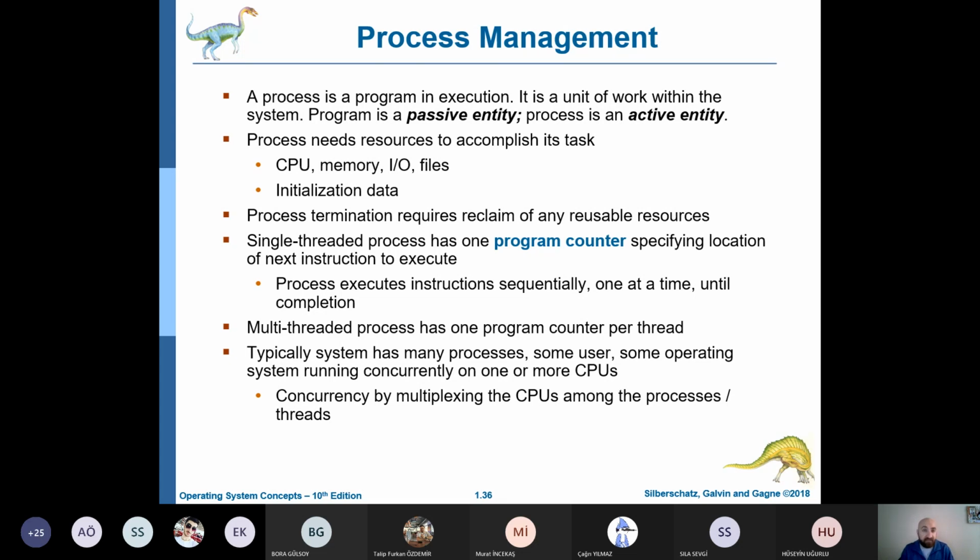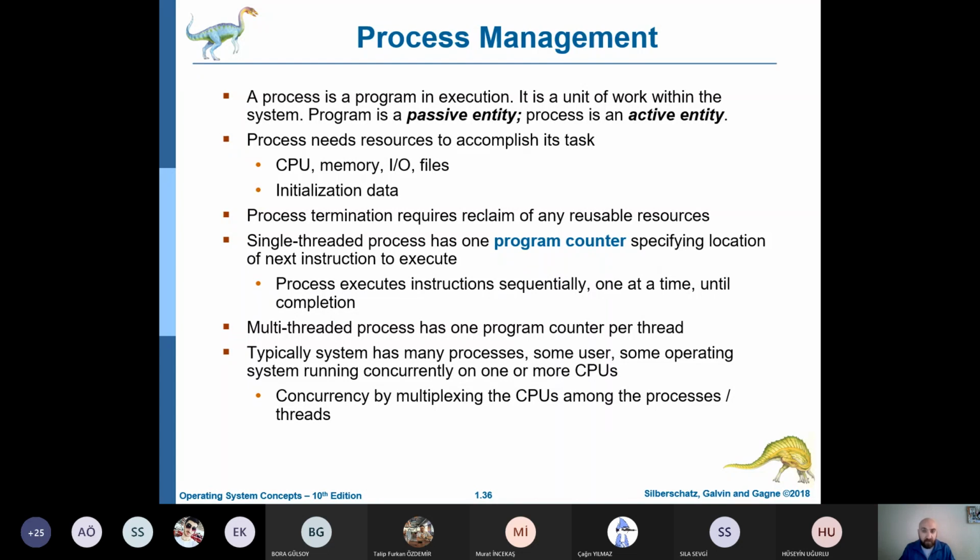A program is a passive entity, but a process is an active entity. Actually, this is the difference between a program and a process. A program is a passive entity, stored on your storage, but a process is an active entity. That means a running instance of a program.